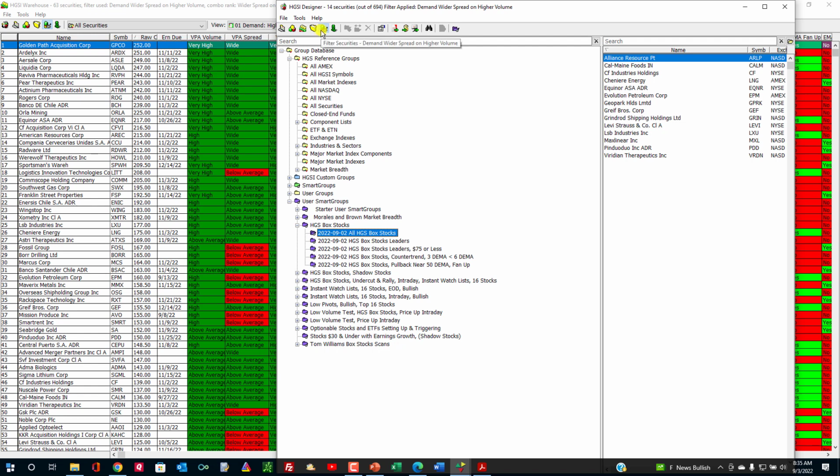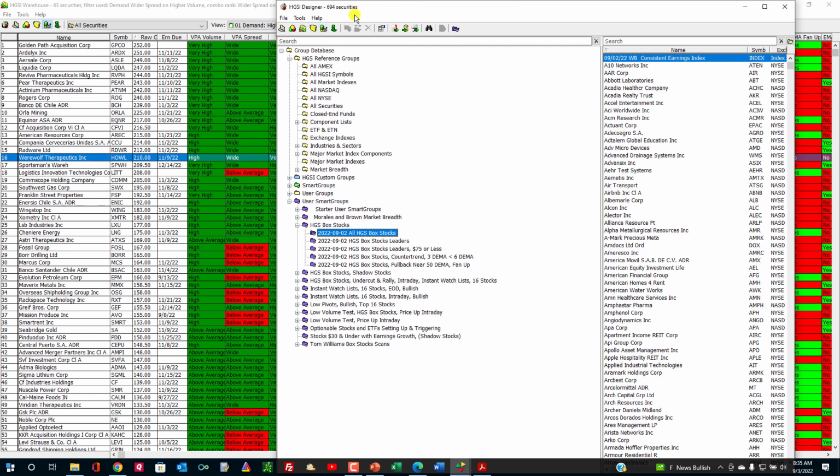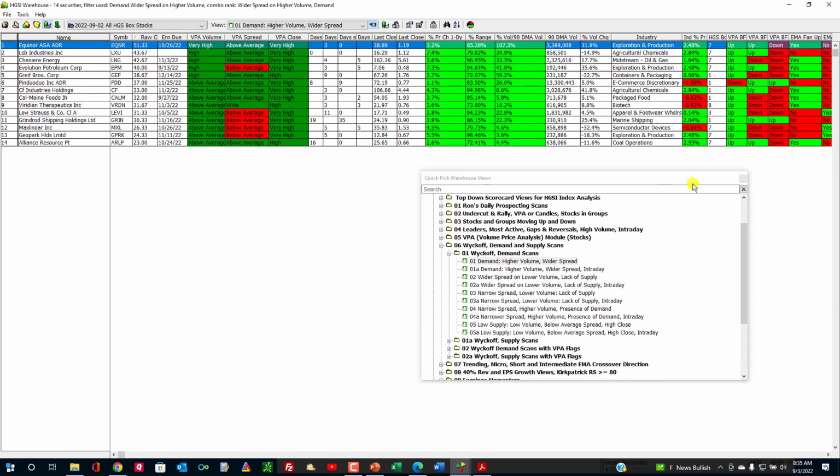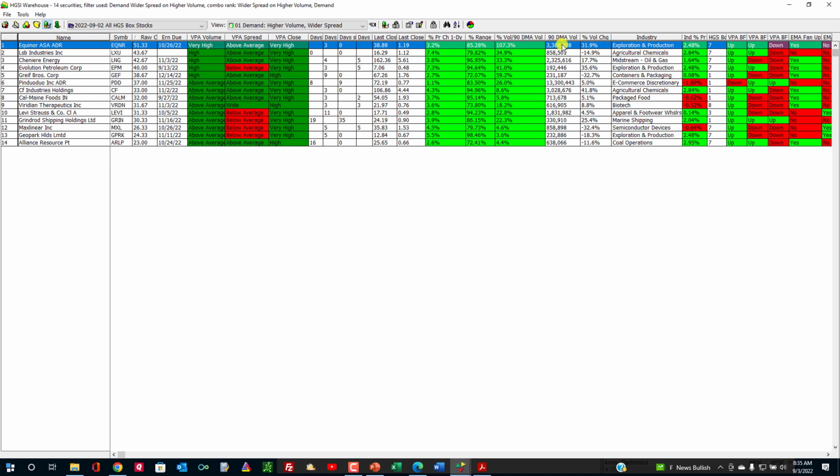I'll just click on the shift key, take the filter off, and notice there are 694 securities in here which qualify as box stocks. Now let's go back to the warehouse, and I'm going to re-establish or reapply the filter right here, and these are box stocks that were in demand.